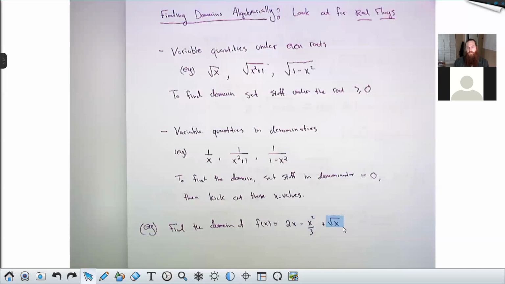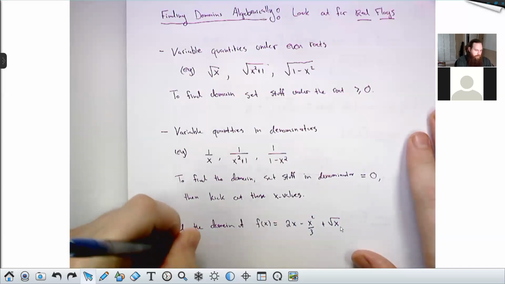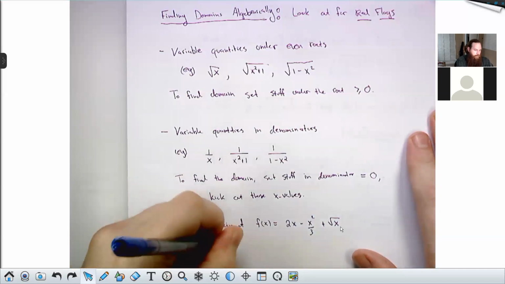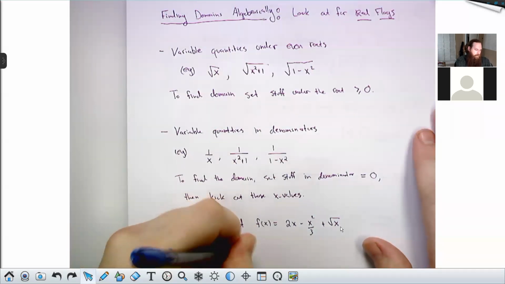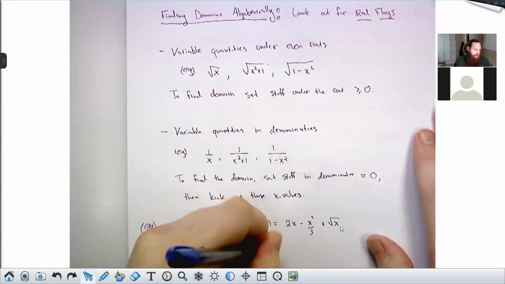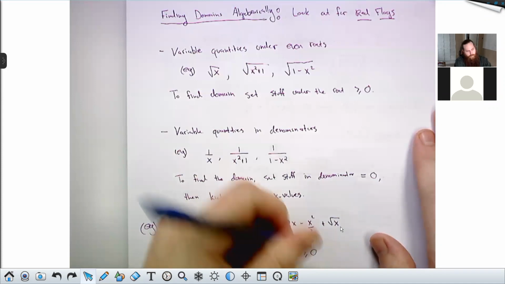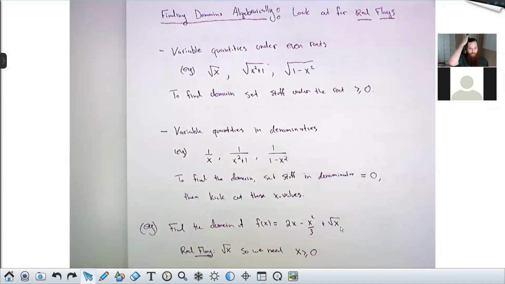This piece, however, does have a red flag. This is an even root, it's a square root, and I've got an x underneath. So the only red flag is the square root of x. So we need the stuff under the square root to be greater than or equal to 0.